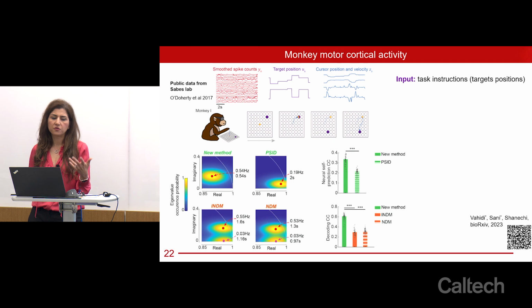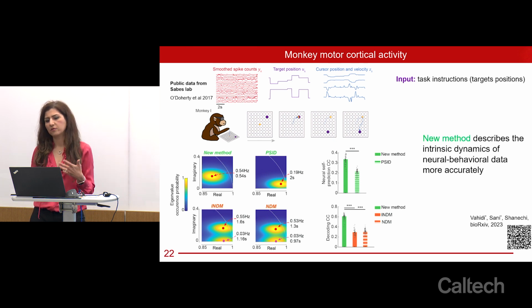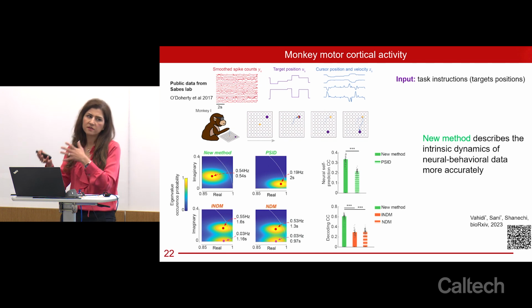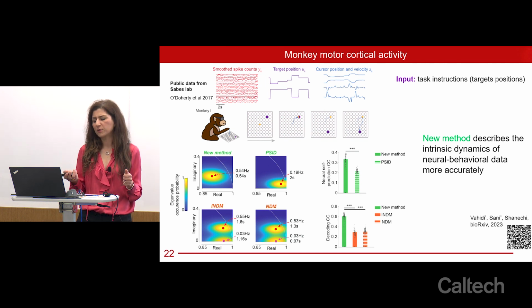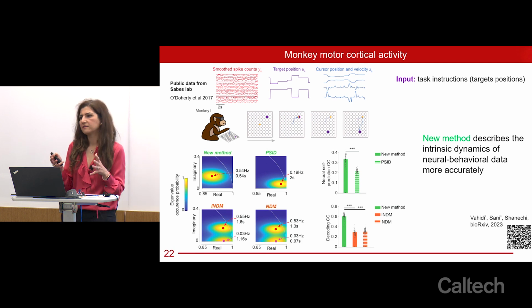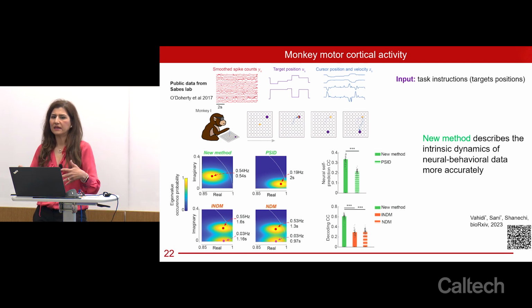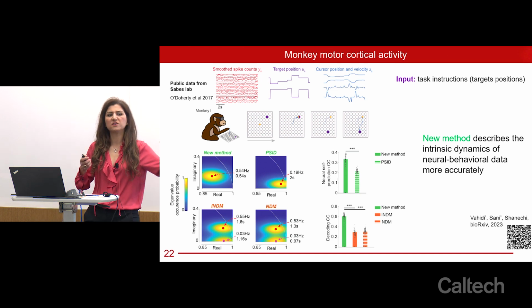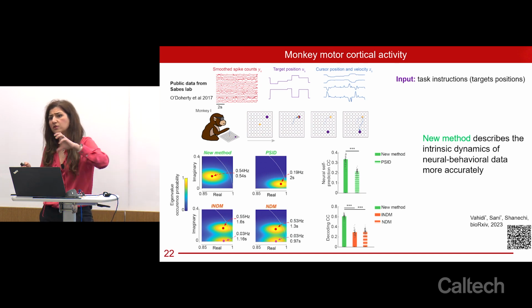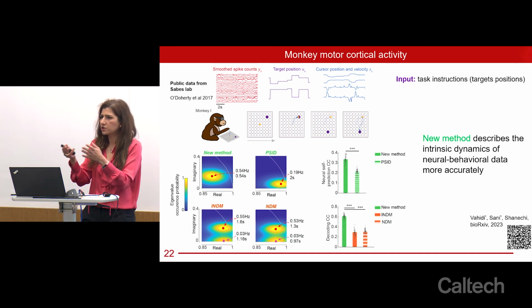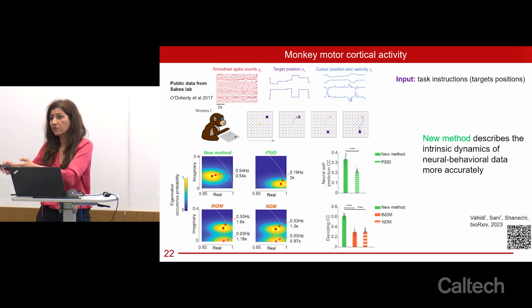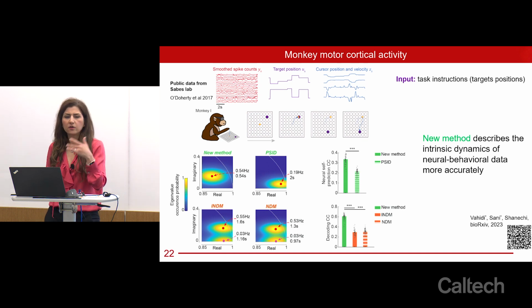And the eigenmodes found by the new method are actually better in description of neural and behavioral data, consistent with our simulation that it better identified those intrinsic dynamics. But this is one data set. One good capability that we are providing here is that you can take into account differences in inputs and sensory input across different tasks. So this gives you the capability to compare neural dynamics across distinct tasks. So we said, OK, let's do that.